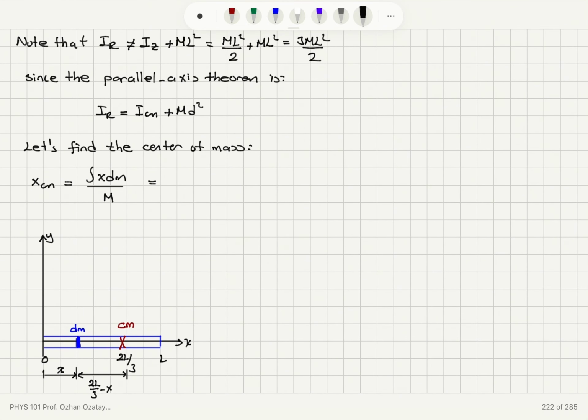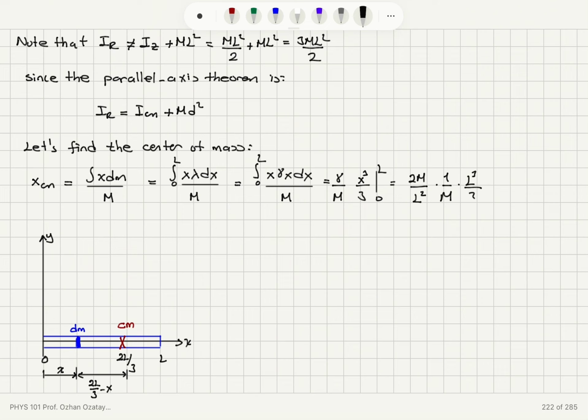So the center of mass is the integral of x dm divided by M. So this will be the integral from 0 to capital L of x lambda dx divided by capital M. And this is the integral from 0 to L of x gamma x dx divided by capital M. So this is gamma divided by capital M times x cubed over 3 evaluated between 0 and L. Gamma is 2 capital M divided by L squared multiplied with 1 over M multiplied with L cubed over 3.